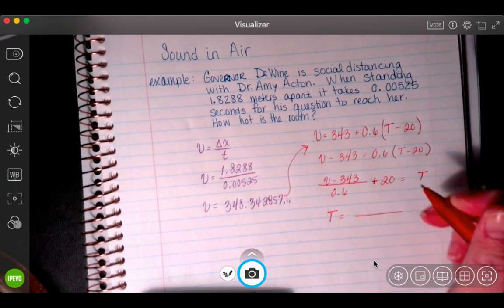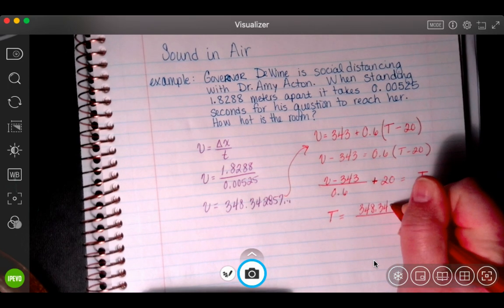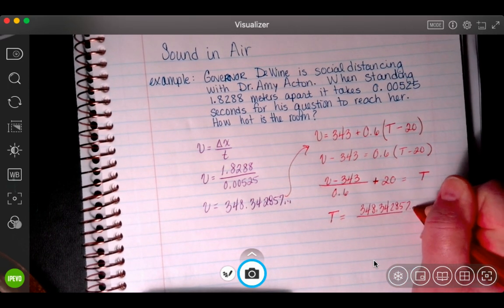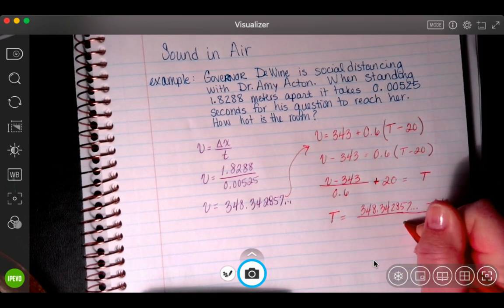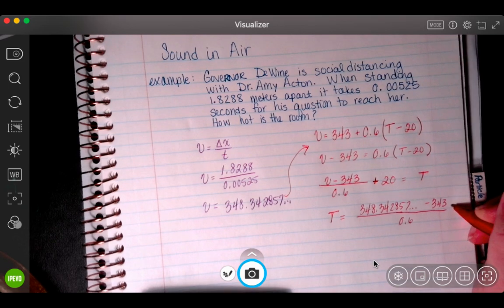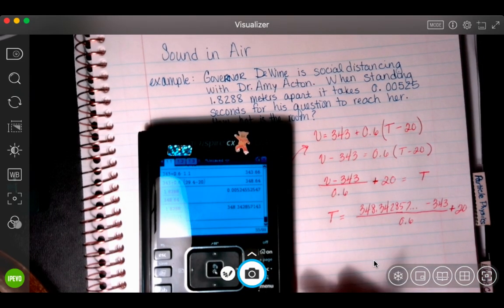My temperature is 348.342857, on and on and on, minus 343, that quantity divided by 0.6, that entire quantity plus 20. So again, handy dandy calculator.